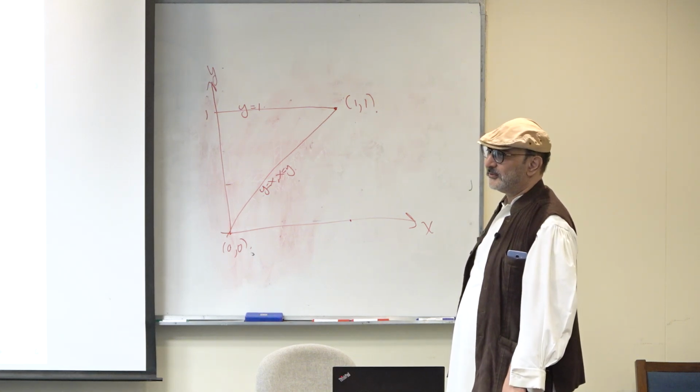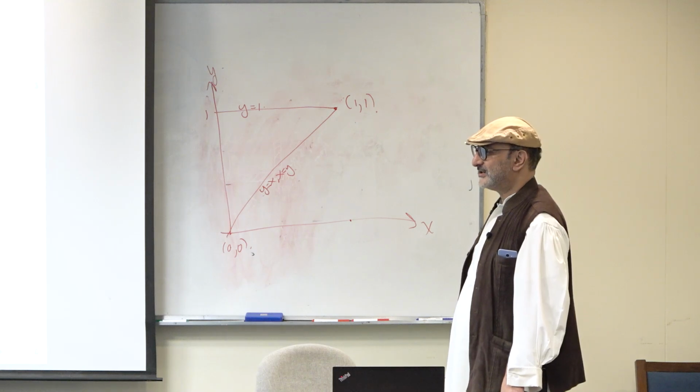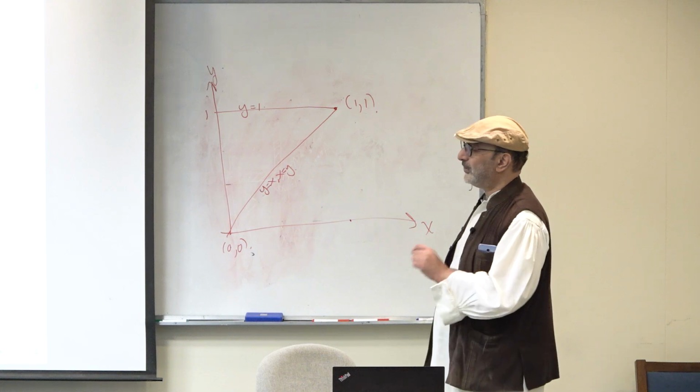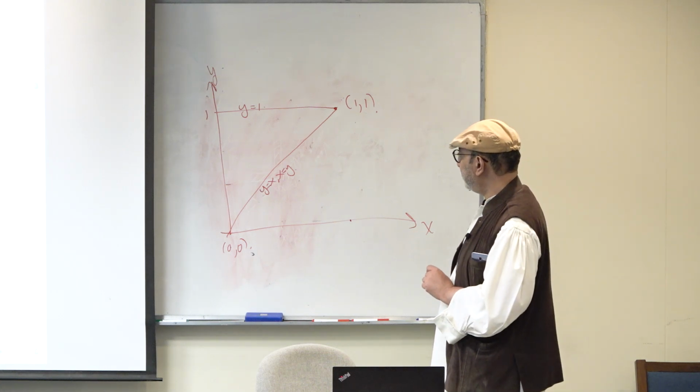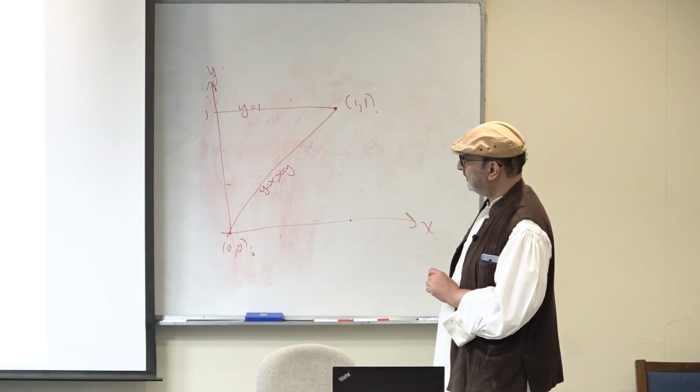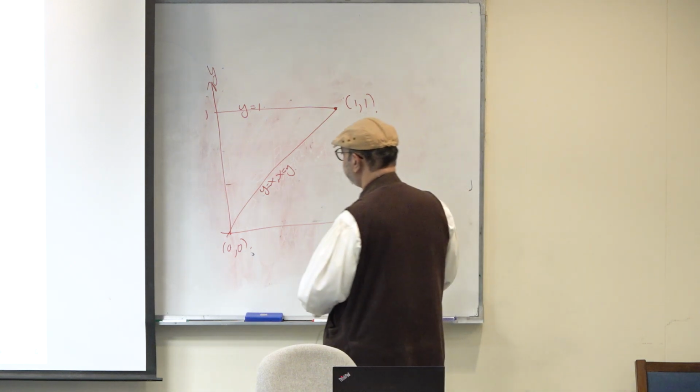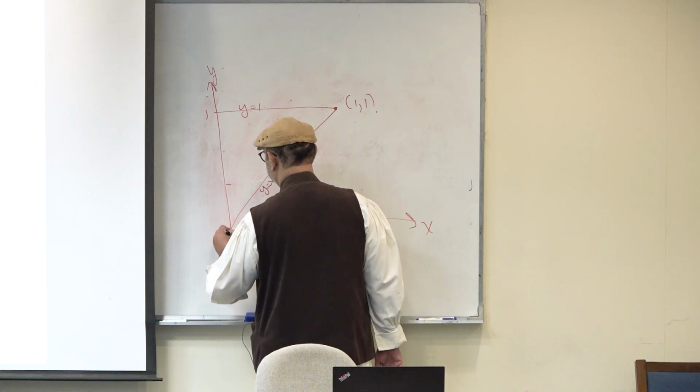Well, what's the region in the plane where y is less than or equal to 2x? Right. Let's draw the line y equals 2x. Okay, y equals 2x, right? So it's steeper.